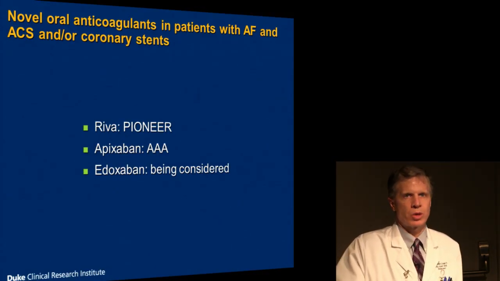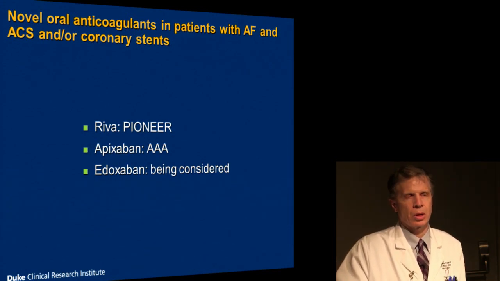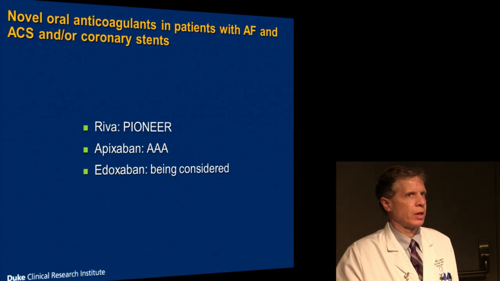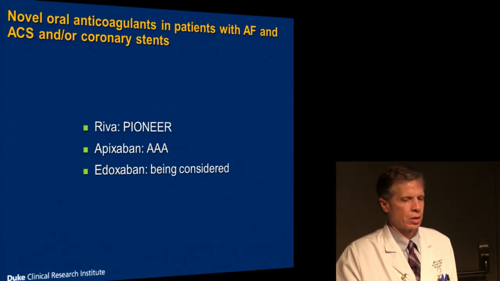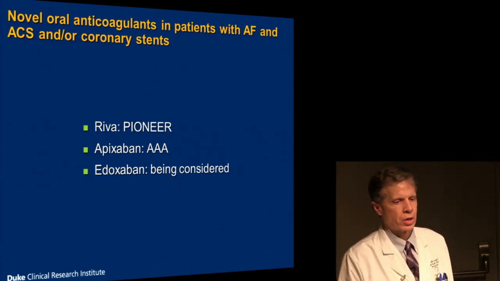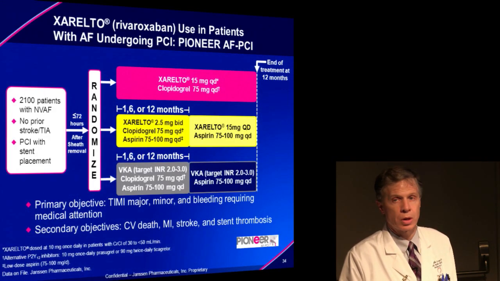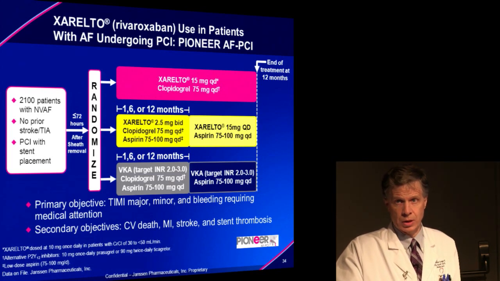and the good news is more data is coming about this issue of patients who have atrial fibrillation and have ACS or coronary stents. There are several trials that are currently either being started or planned. This is one of them that Magnus is on the DSMB for, called PIONEER.